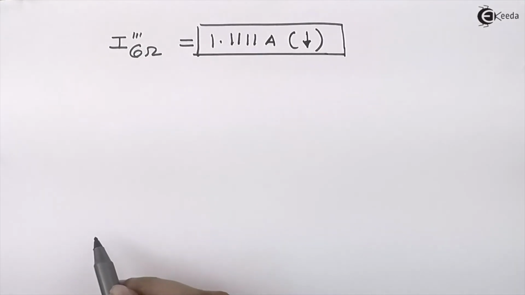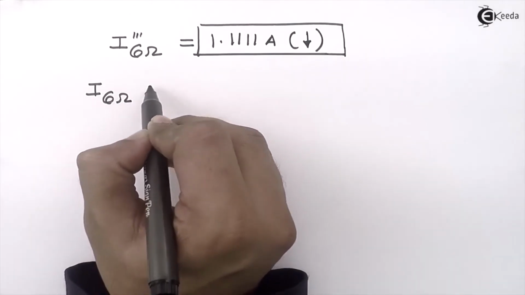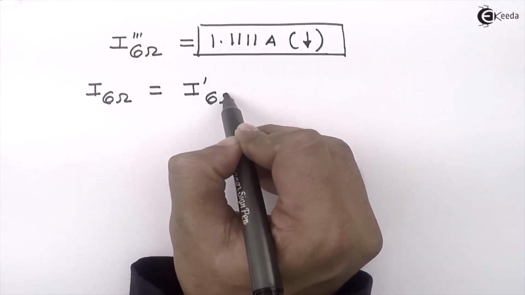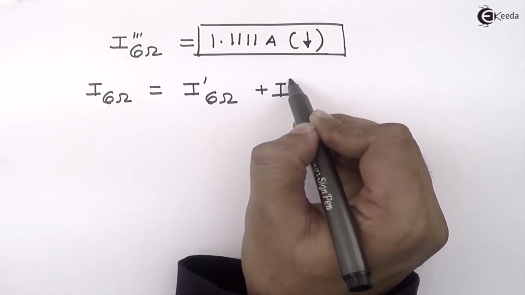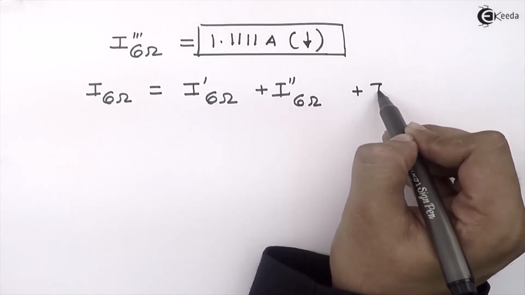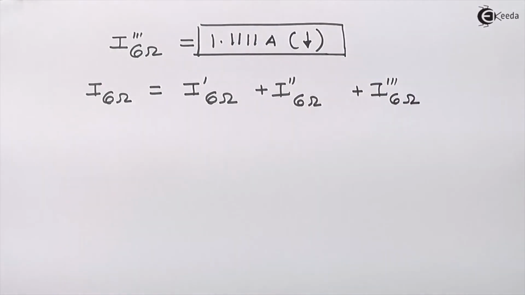As per the statement of the superposition theorem, the total current flowing through the 6 ohm resistance will be the algebraic sum of the current because of the first source, the current because of the second source, and the current because of the third source. Now we need to consider current directions also.